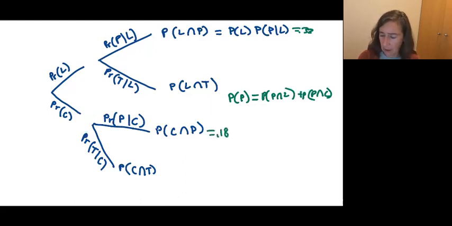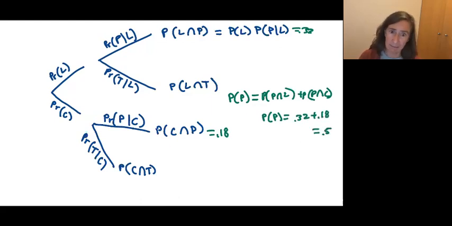And that gave me the probability of P equals 0.32 plus 0.18, which is 0.5. We got that in the crosstabs as well. So we've been going back and forth from total to conditional to joint, keeping straight which is which. We can generally convert them to each other.